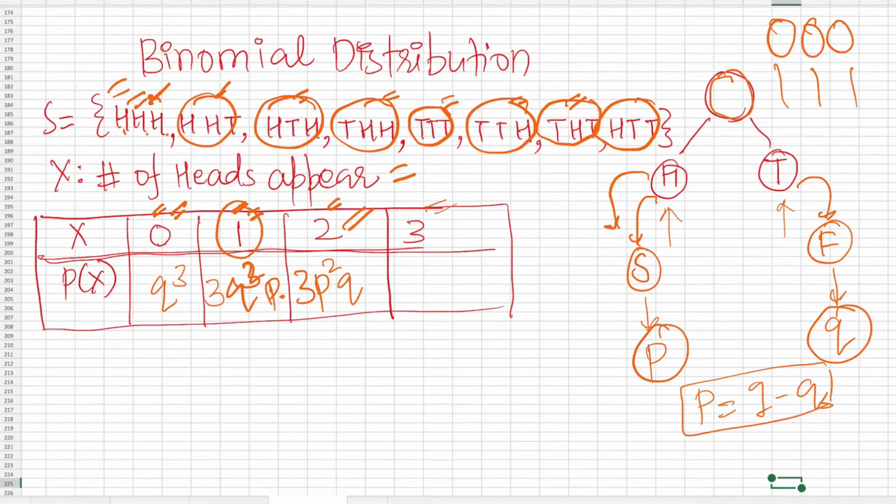And when all 3 attempts give a head, there is only one favorable outcome, so we got p raised to the power 3.